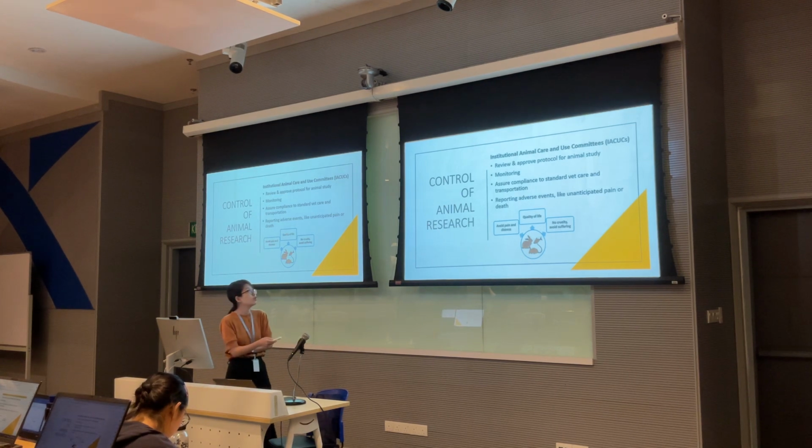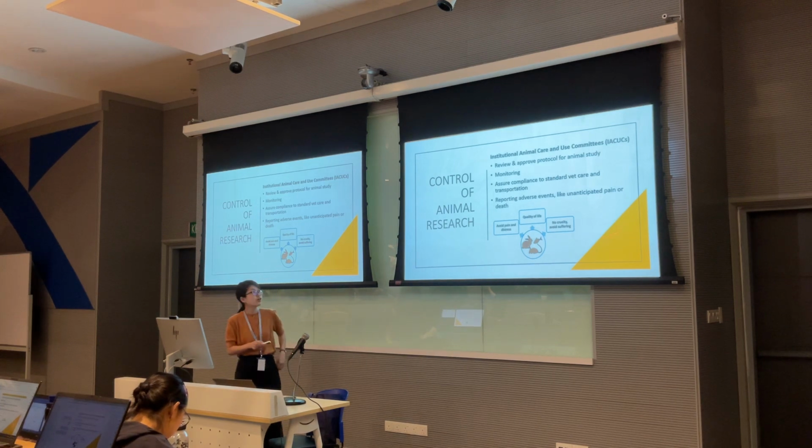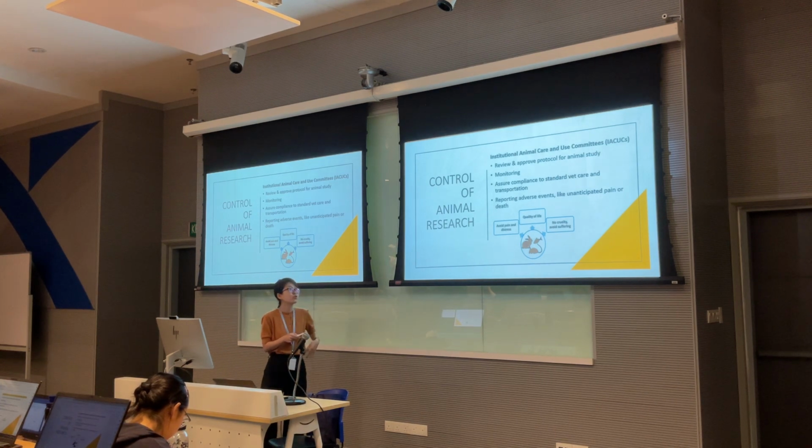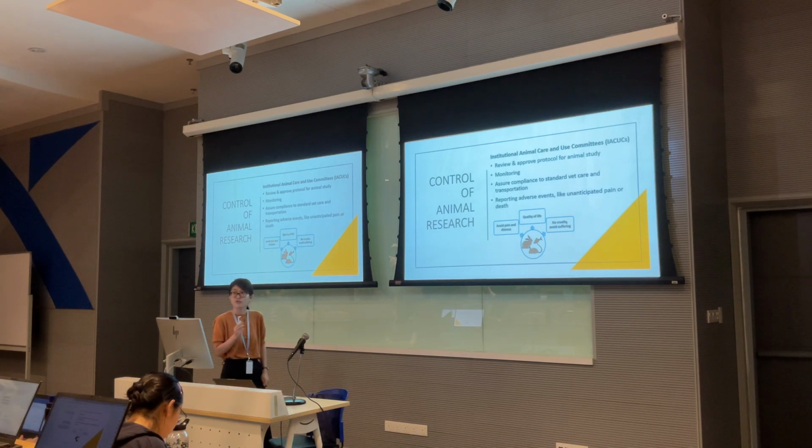They will review your proposal and approve your protocol for animal study, making sure the protocol is appropriate, not cruel, avoids suffering, pain or distress, and protects the quality of life of the animal.